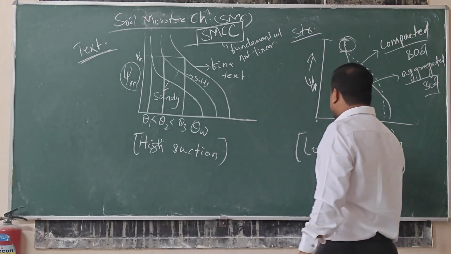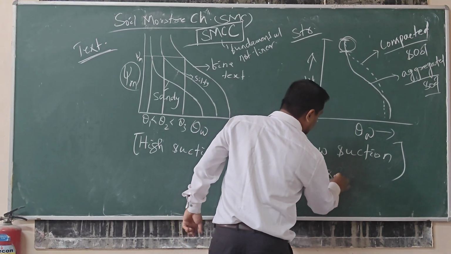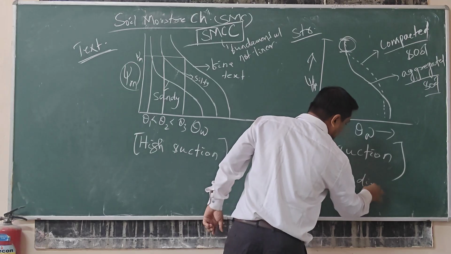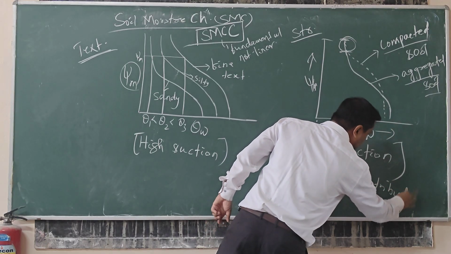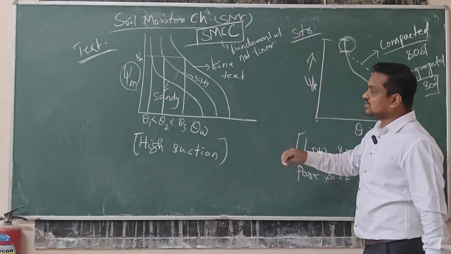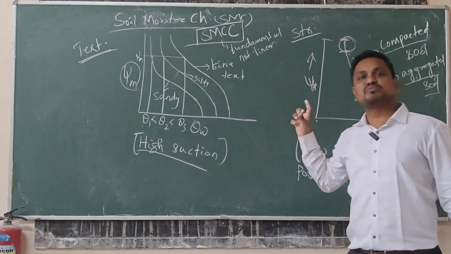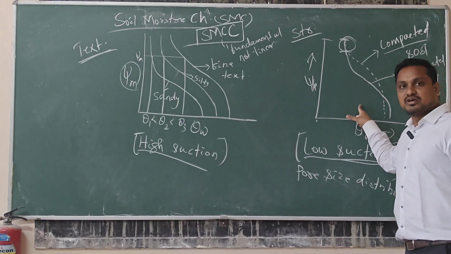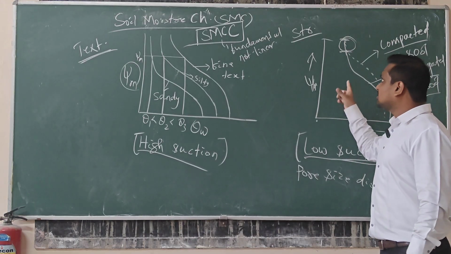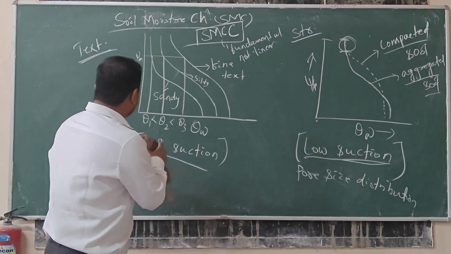This is mainly affected by pore diameter or pore size distribution. So always remember this point, this is also one important point. At higher suction ranges, the effect of texture is more prominent compared to structure. But at lower suction ranges, the effect of structure will be more prominent compared to texture.